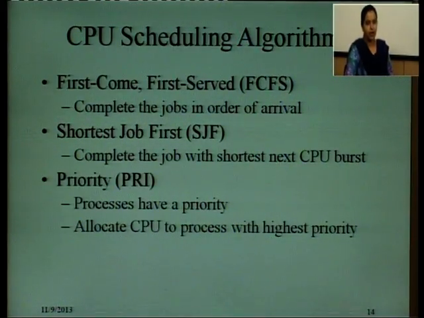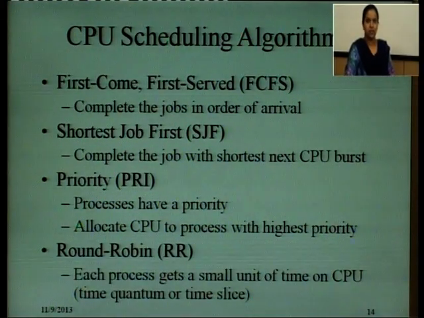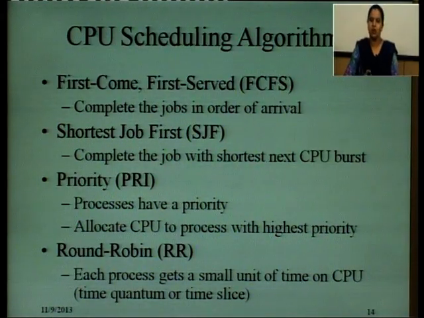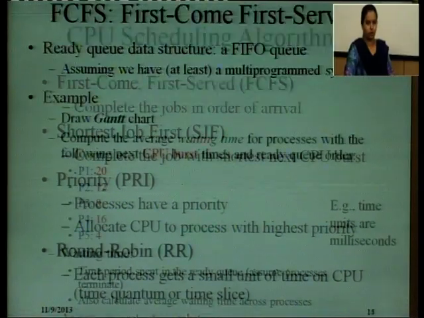Then comes the priority basis: allocate the CPU to the process with highest priority first. Then comes the round robin, where each process gets a small unit of time on the CPU. We divide the CPU time into slices and allocate that time to the processes, and it is called round robin.